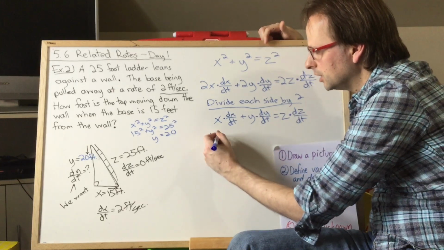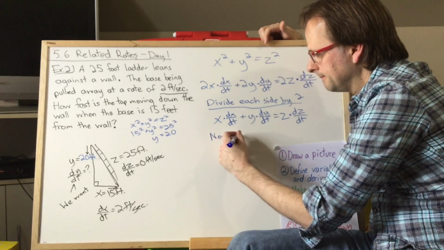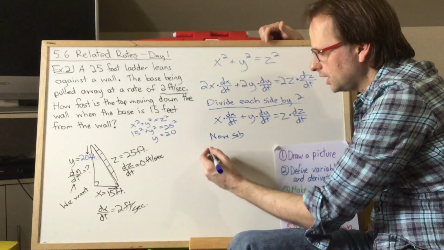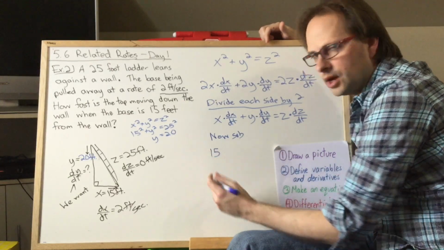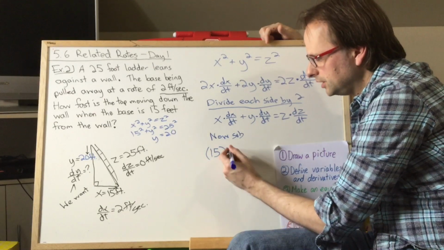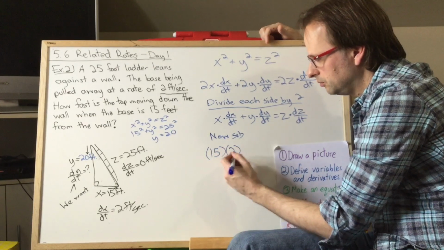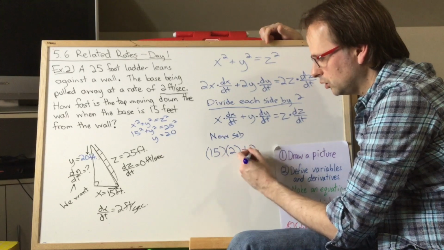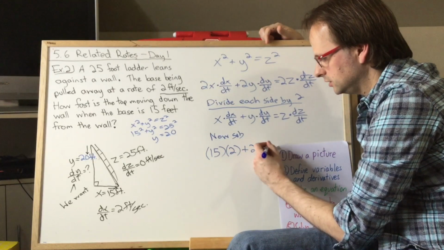Now we can sub. So I know that x is 15. I could do this with the units, but I'm just going to go with the numbers for now. 15, dx/dt is 2. y is known to be 20. dy/dt is unknown.